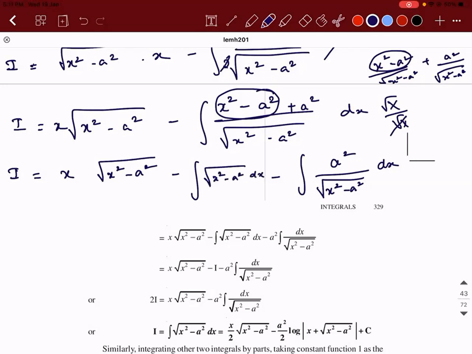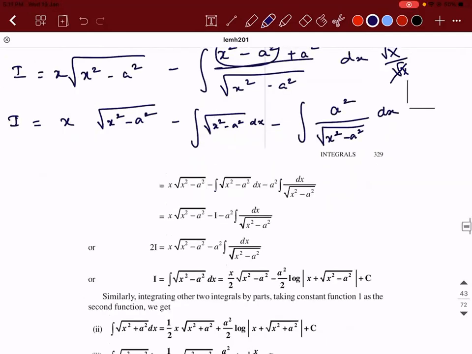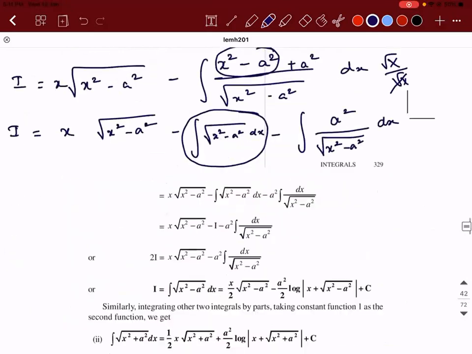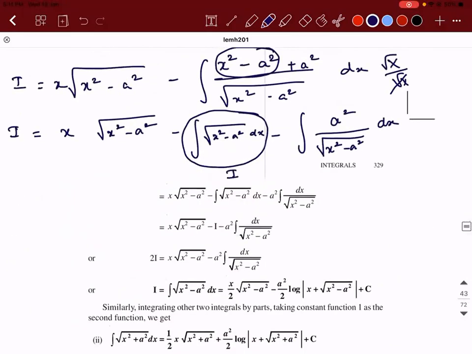Now listen to this. What is this thing? Root of x square minus a square dx is the question itself, which you called I. So can I write this as I? Yes, so I'll bring this I to the side.